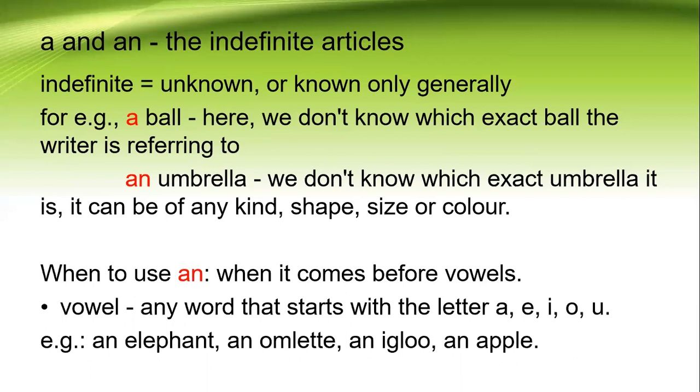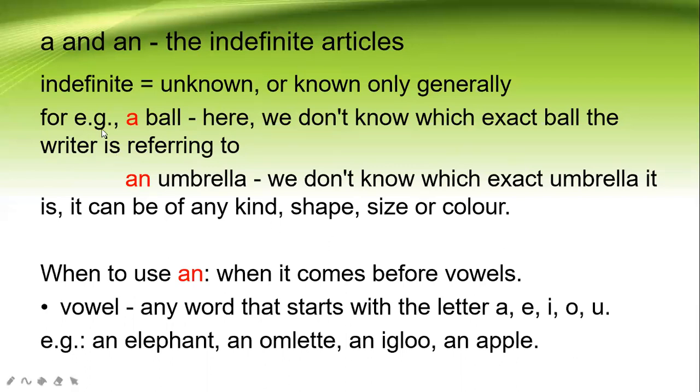A cup. It can be any kind of cup. So it is in general, we know what a cup is, but whether the cup has the design of a flower or whether the cup has a special handle, that we don't know. That is why we use a cup.